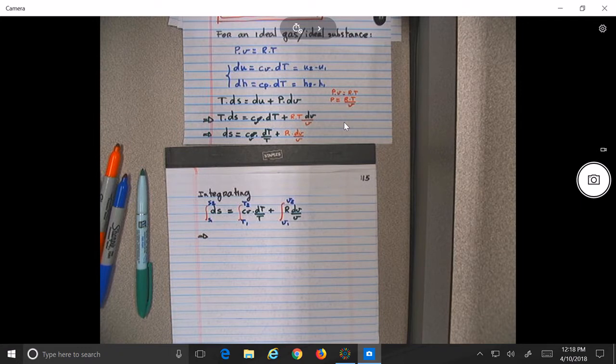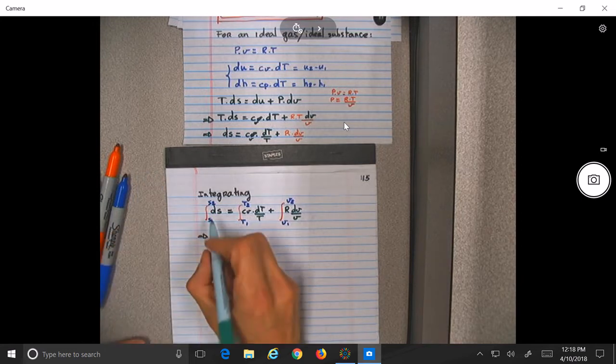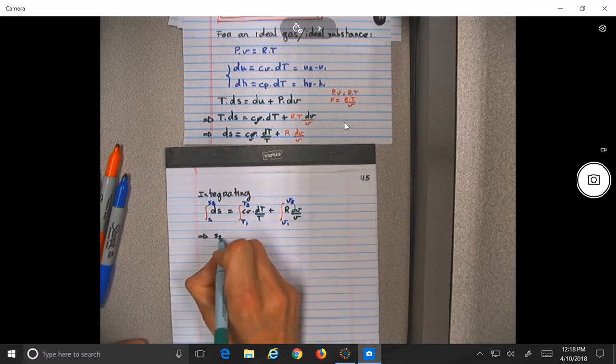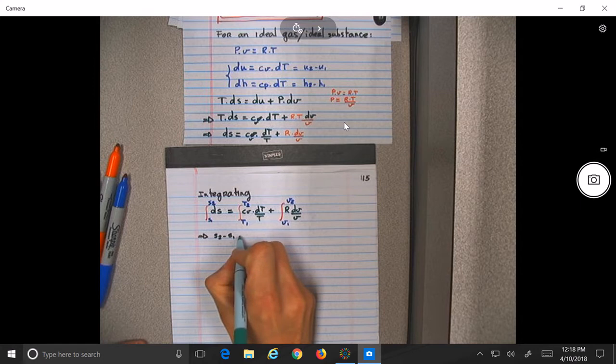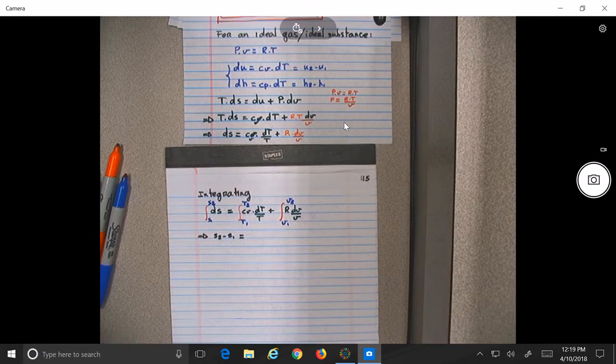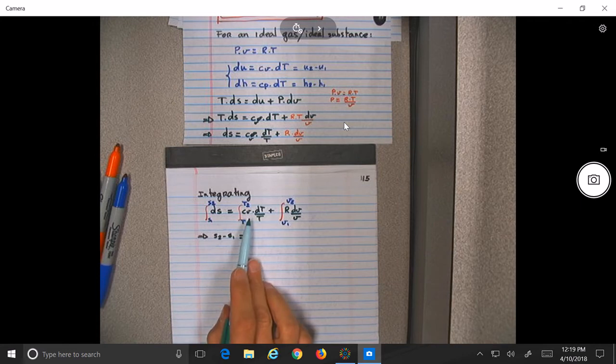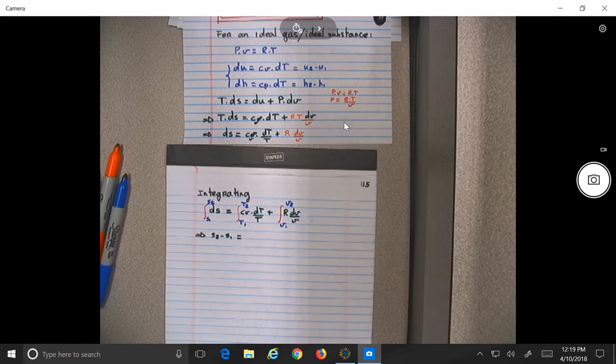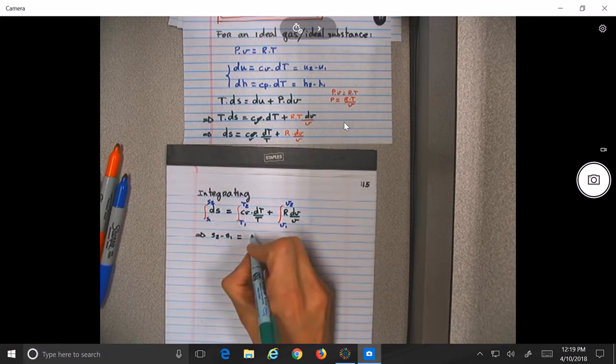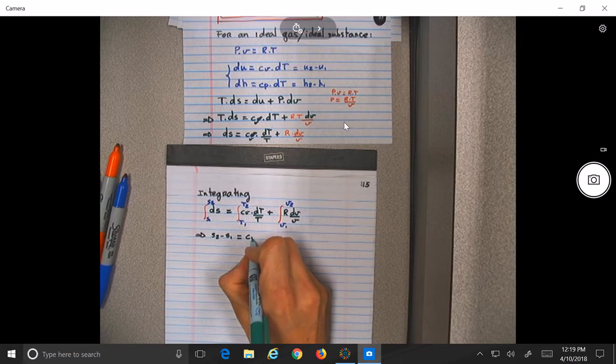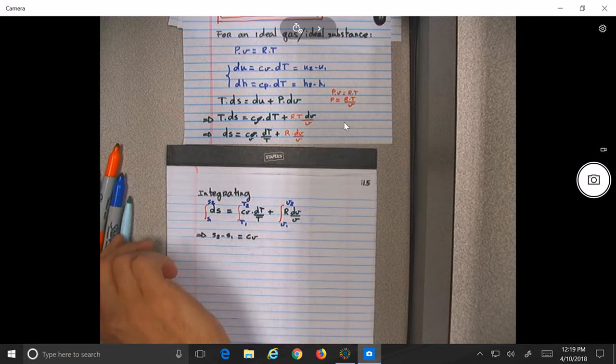So what would be the left-hand side equal to? S2 minus S1, no? Okay, what did we say is that if you don't change state, the properties are more or less constant. So CV, is it constant? We assume it's constant. So we could move it outside the integration sign. And what is the integral of dT over T?